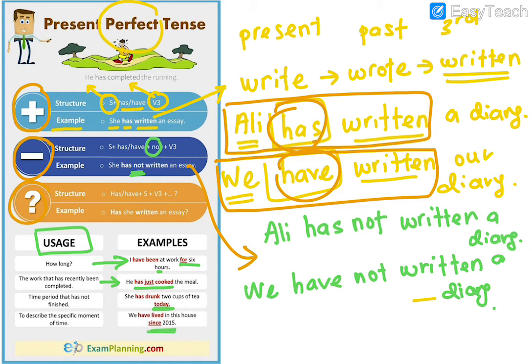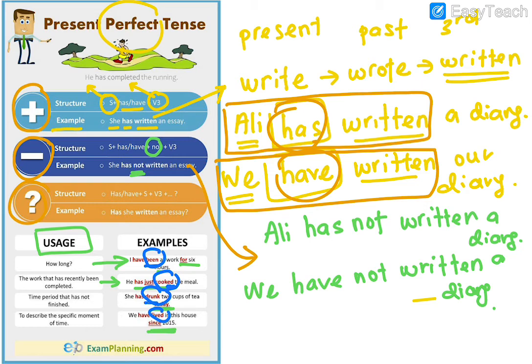Okay. So there is another thing that I want to bring your attention to. If you can see, look at the verb. Been, cooked, drunk, lived. So there are several words that use ed, but another verb just changes the spelling.